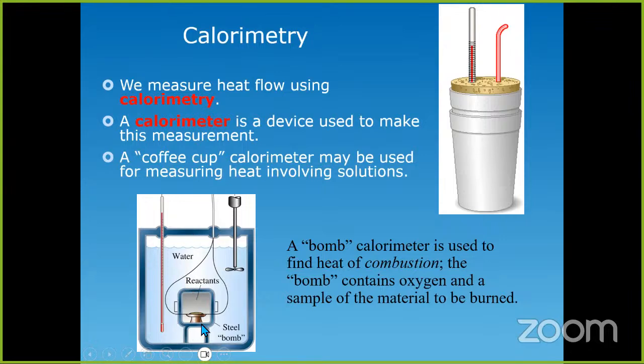You have the steel bomb right here, which allows heat to pass through it. So when the reaction takes place, it produces heat energy, the heat enters the water, and you measure the temperature change of the water. You have a stirrer here, which allows the heat to be uniformly distributed in the water. And then based on the temperature change and other factors, which we'll talk about later on, you can actually determine the amount of heat that is produced in this reaction.